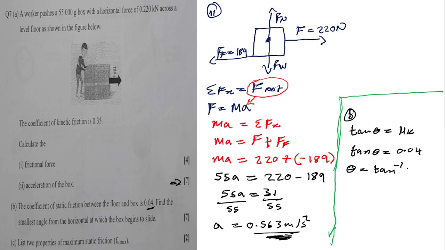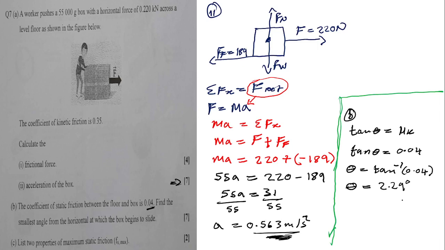You click on your calculator, tan inverse of 0.04, which gives us a small angle of 2.29 degrees. Now find the smallest angle from the horizontal at which the box begins to slide.